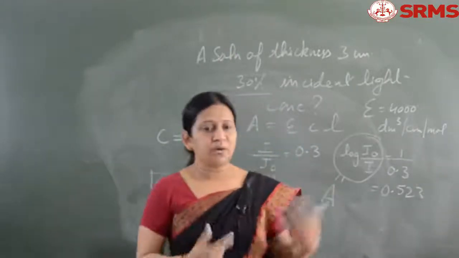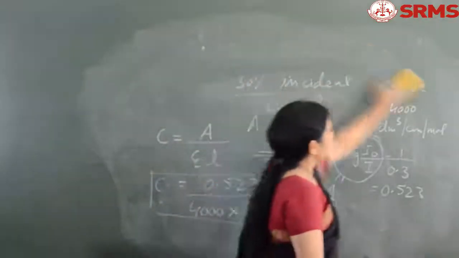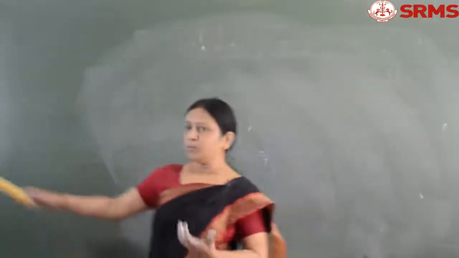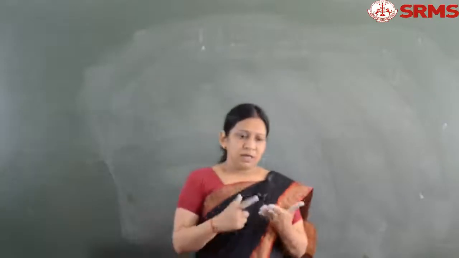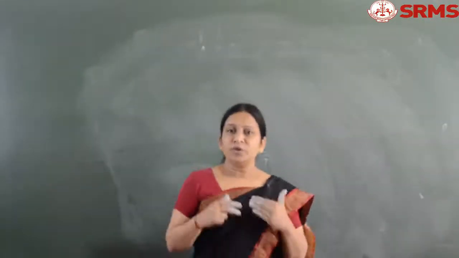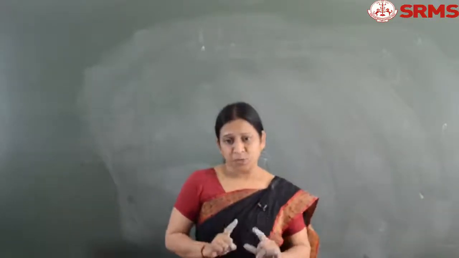If I summarize the whole of rotational spectra, rotational spectra is given by molecules which have a permanent dipole moment, and the radiation which we use falls in the microwave region. The range is 1 to 100 centimeter inverse.